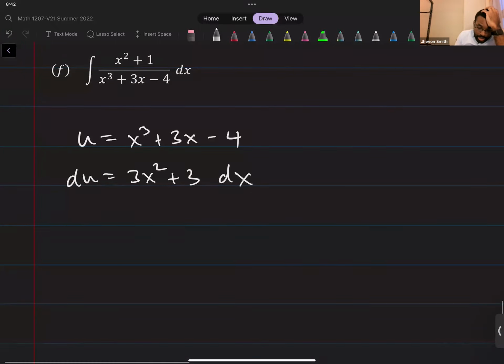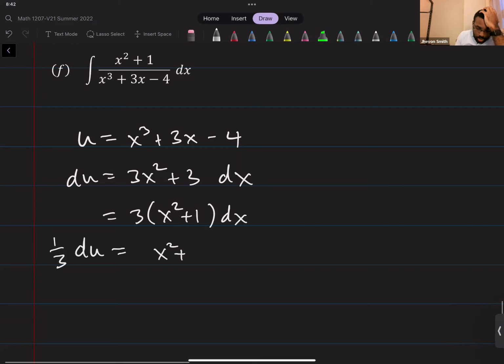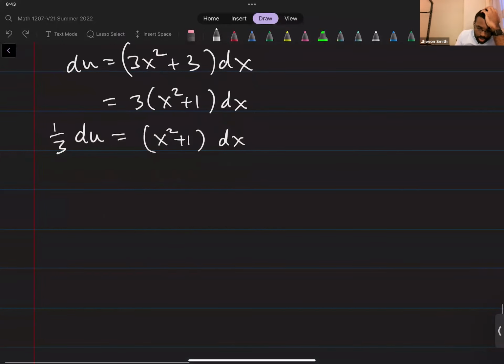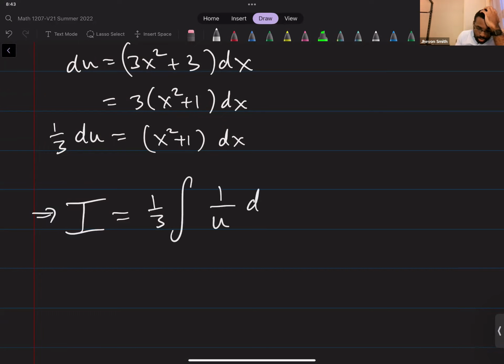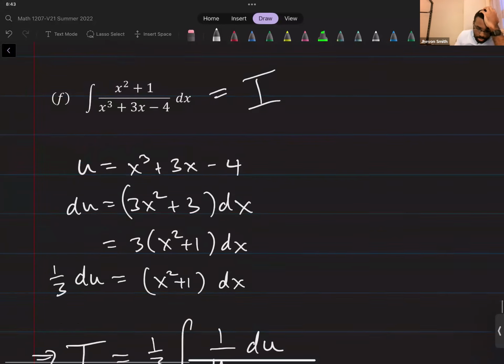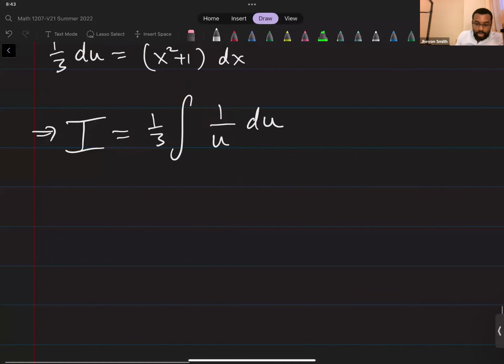Well, yeah, that's actually just 3 times x squared plus 1 dx. So 1/3 du is equal to this x squared plus 1 dx, which I have, that's right here. So this means that my integral is 1/3 the integral of 1 over u. Which is a basic rule.